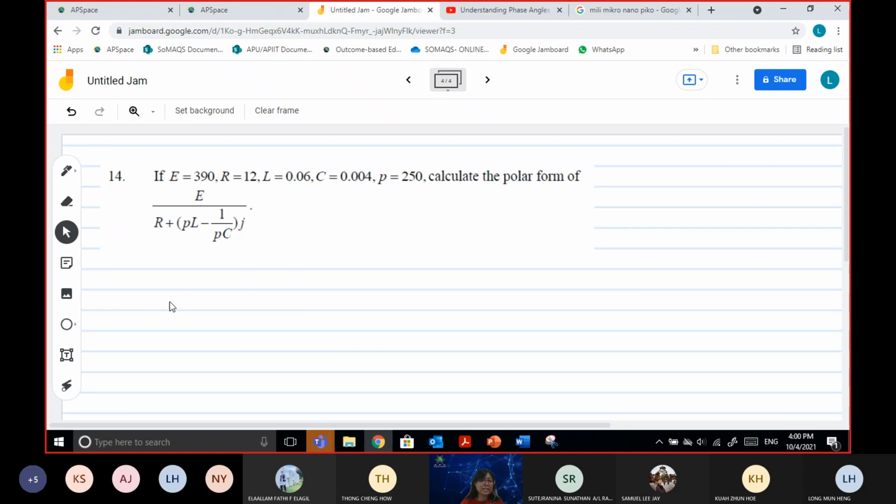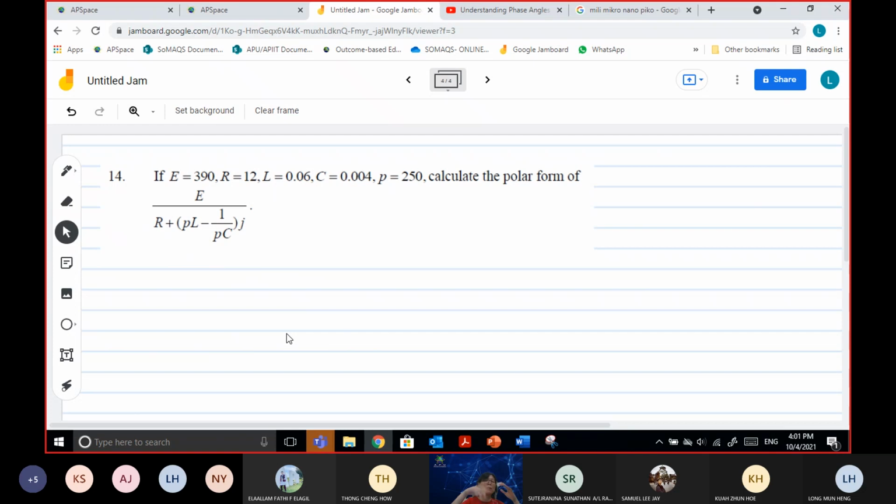So guys, can you try this now? For the formula that is given, you just need to substitute, and please take note that here it is in J, so there is a real part and an imaginary part. Let's try to do it now. I give you 5 minutes.